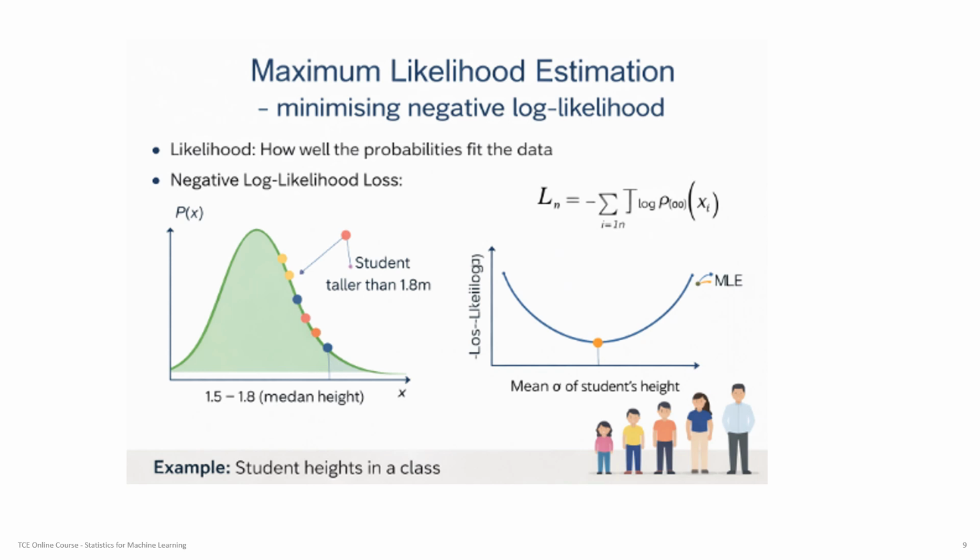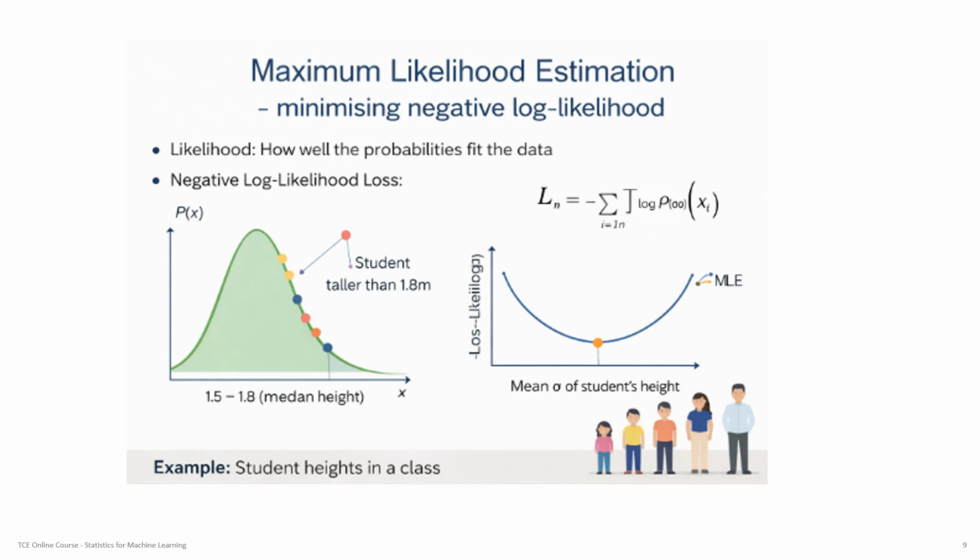In the slide, we are understanding maximum likelihood estimation, also called MLE, and how it is related to minimizing negative log likelihood. First, look at the left side of the diagram. We have a bell-shaped probability distribution curve. This curve represents the distribution of students' height in a class. Most students will have heights around 1.6 to 1.7 meters, so the curve is highest in the center.